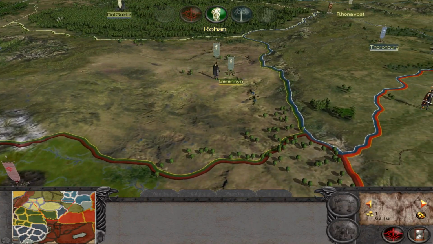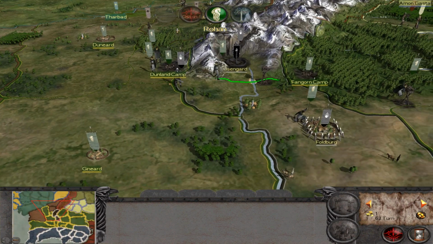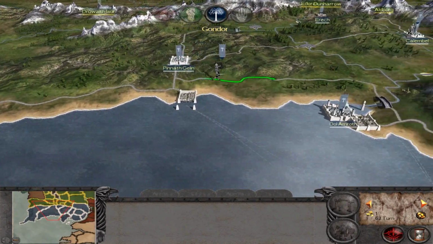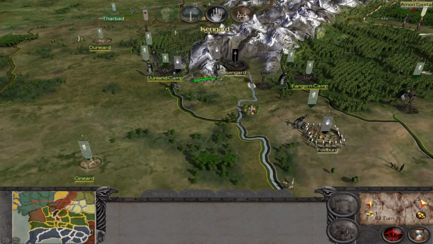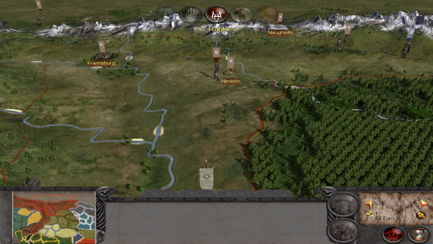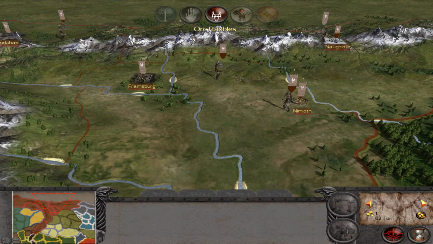So all the good factions are pretty strong in this campaign. The war isn't going well for Isengard. They only have their capital now. The goblins are doing quite well, and the evil humans.